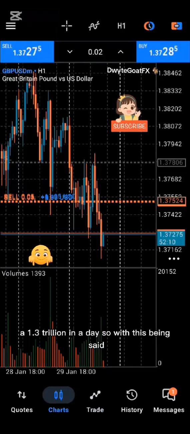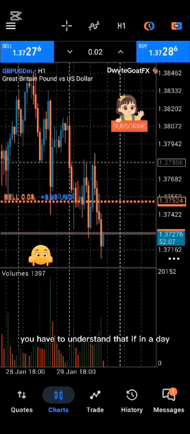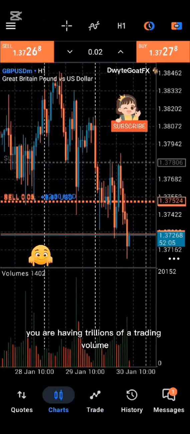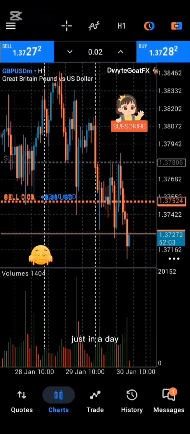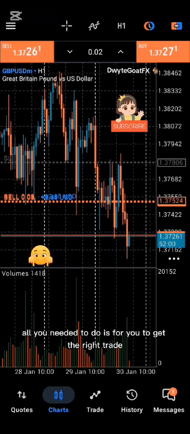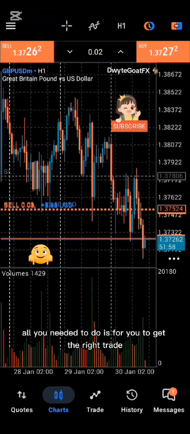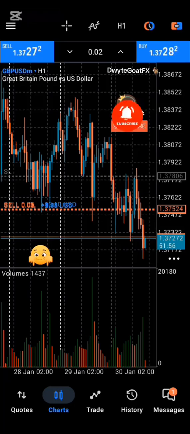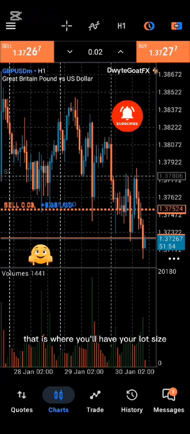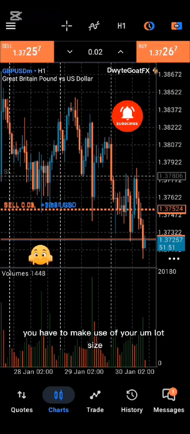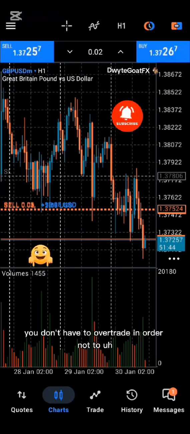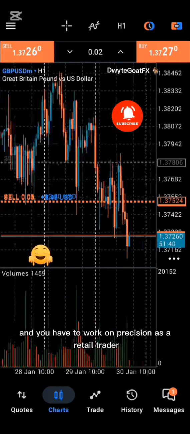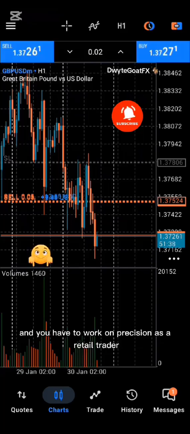So with this being said, if in a day you are having trillions of trading volume, all you need to do is get the right trade for yourself as a retail trader. That is where you have your lot size. You have to make use of your lot size. You don't have to overtrade in order not to enter into a trap, and you have to work on precision as a retail trader.